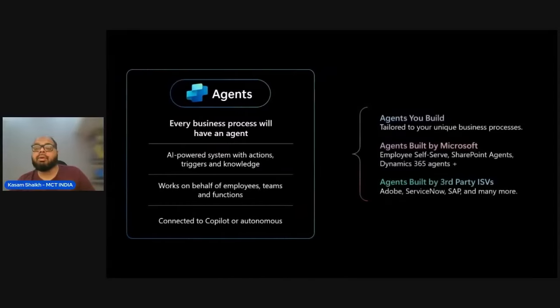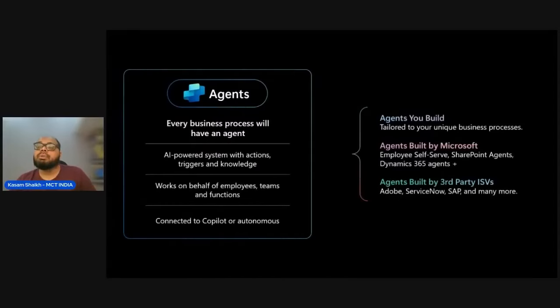Okay, so when we talk about agents, at Microsoft Ignite they announced a number of pre-built agents that are going to be built by Microsoft. These are maybe starter agents, things like employee self-serve with Microsoft 365 Copilot, or SharePoint agents that are now generally available, that you can create immediately from any SharePoint site.